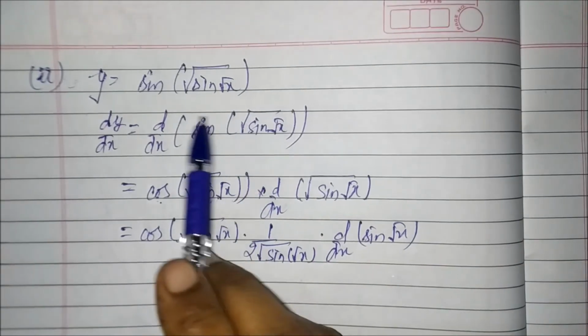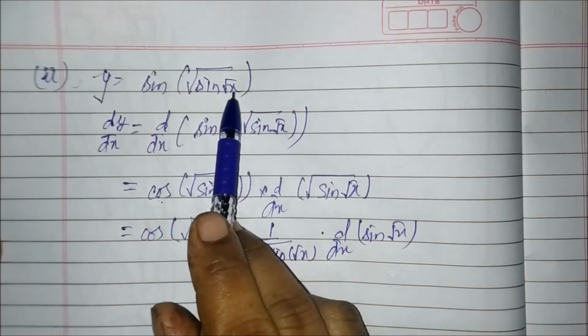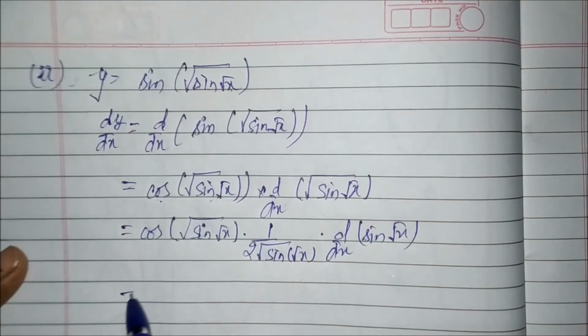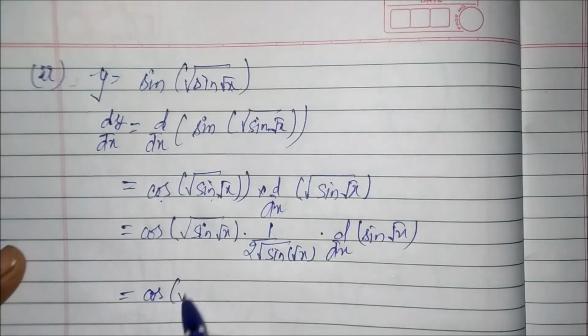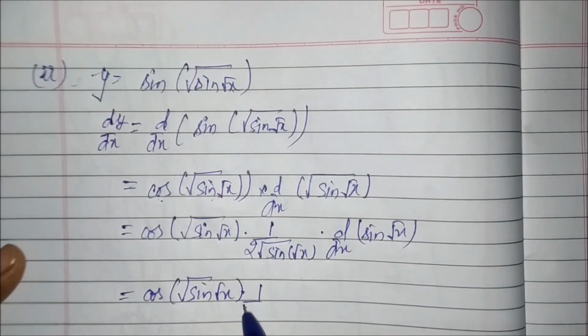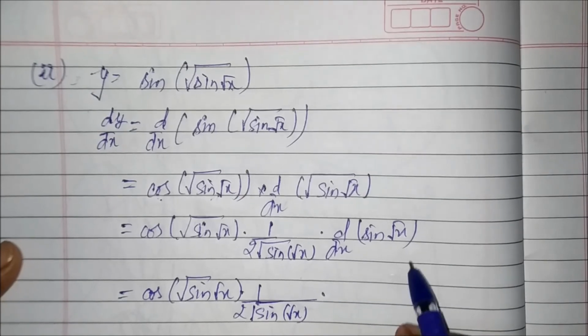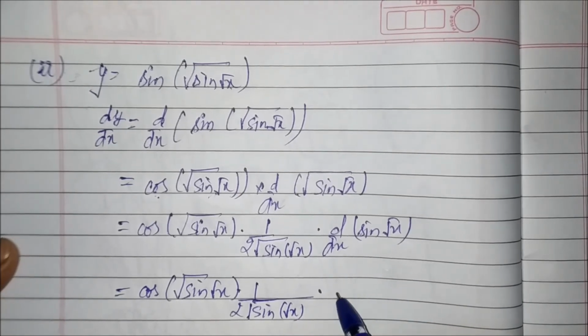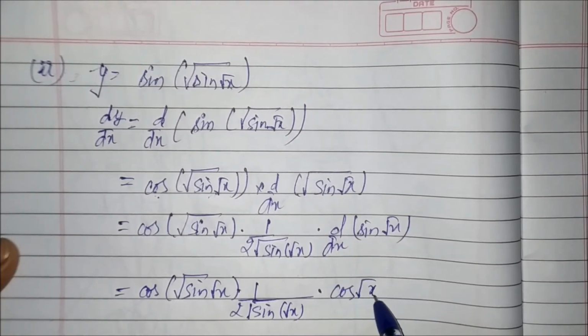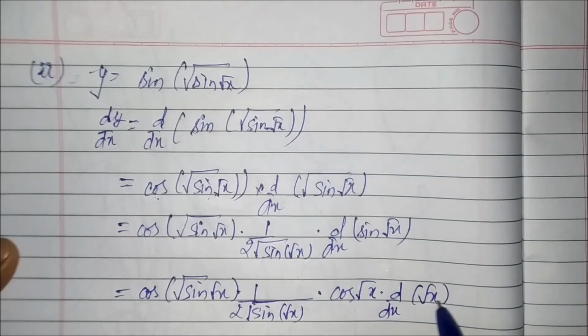First we have done this sine, then this root, then this sine, then we will do this root. Okay, cos of root sine root x into 1 by 2 root of sine root x into, derivative of sine is cos, so cos of root x into d by dx of root x. This is last derivative.